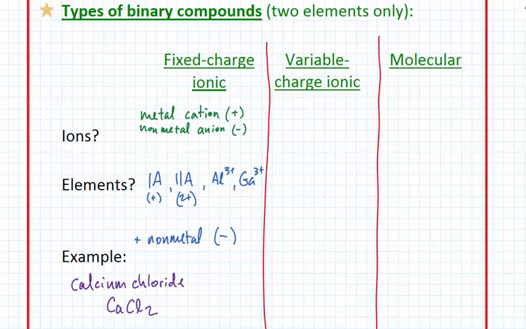We still have metal and nonmetal. Metal cation, nonmetal anion. The difference here is that instead of one of these fixed charge metals, we're going to have a variable charge.